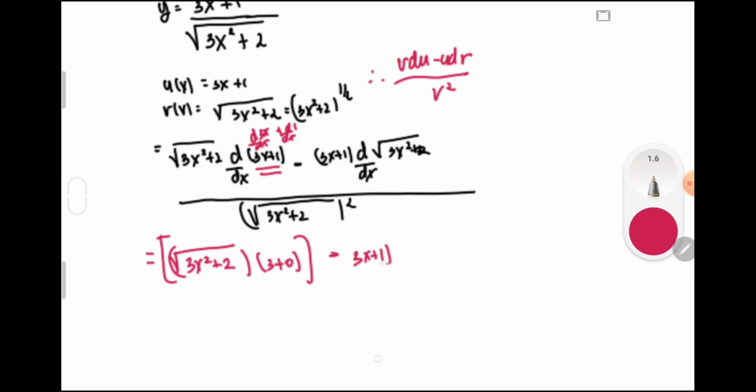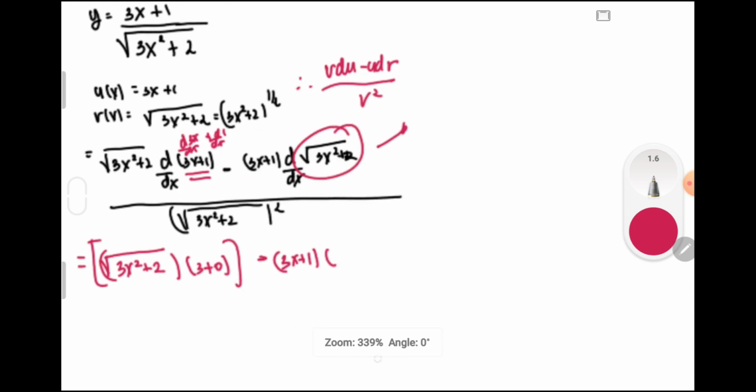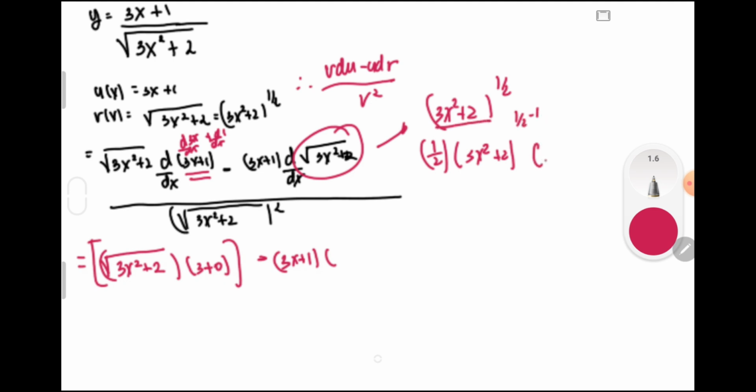3x plus 1 multiplied by the derivative of our square root of 3x squared plus 2 raised to 1 half, wherein we'll have a value of 1 half multiplied by 3x squared plus 2 raised to 1 half minus 1 multiplied by the derivative of 3x squared plus 2, which is equal to 6x. Okay? So multiplied by 1 half. Yan.